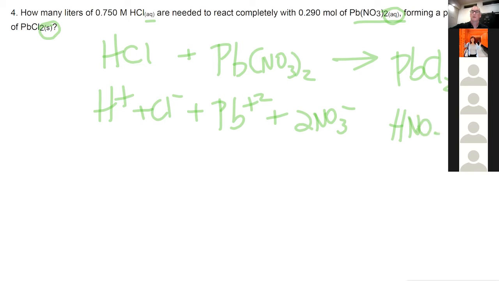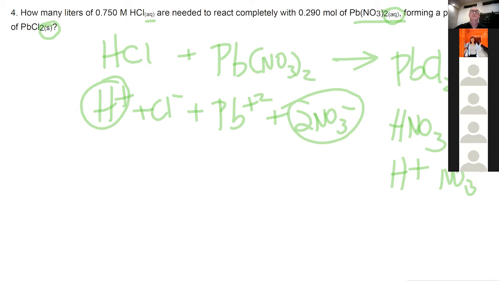Nitric acid is also a strong acid. So that means H+ and NO3-. Basically, nothing happens to the protons, nothing happens to the nitrate ions. So what do we call those? Anyone remember what we call those in a reaction like this?